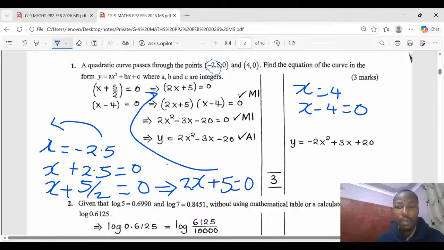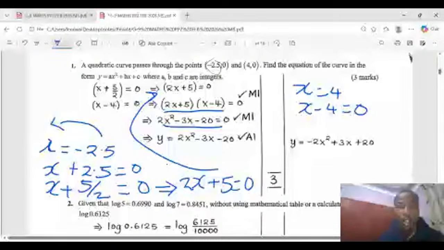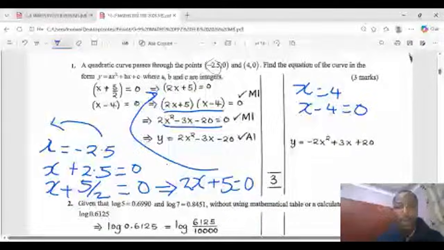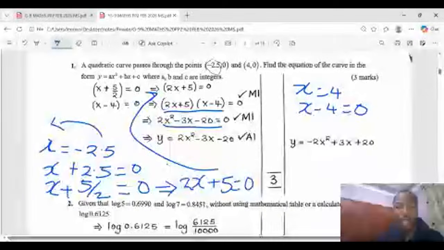You expand, and you get 2x squared minus 3x minus 20. The marking points are very important: the first one when you are expanding, and then coming up with the equation and the final answer, you get your 3 marks.